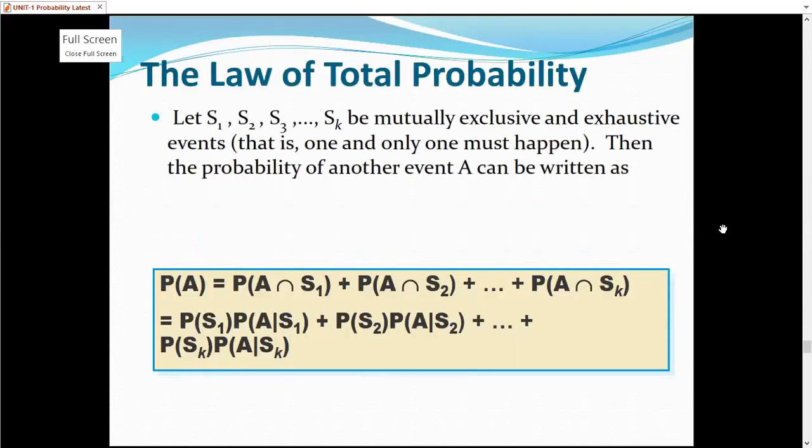Now law of total probability, that you can write using the conditional probability, that is probability of A equal to probability of A intersection S1 plus probability of A intersection S2 plus so on, probability of A intersection Sk, where S1, S2, and so on up to Sk are mutually exclusive and disjunctive events, that is one and only one must happen.